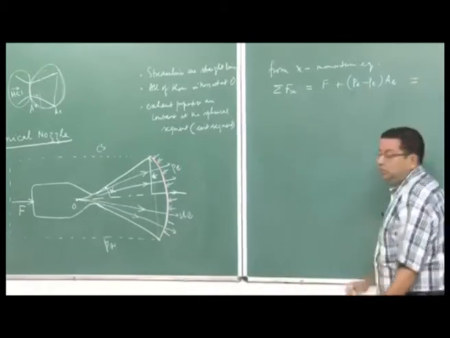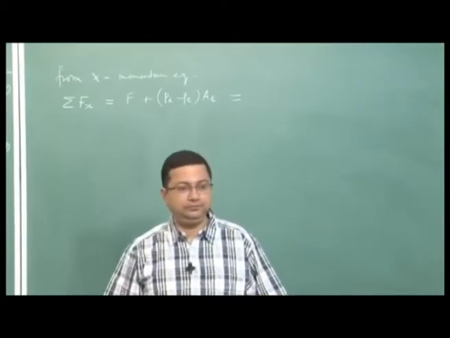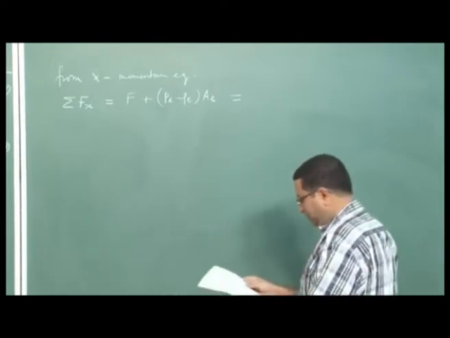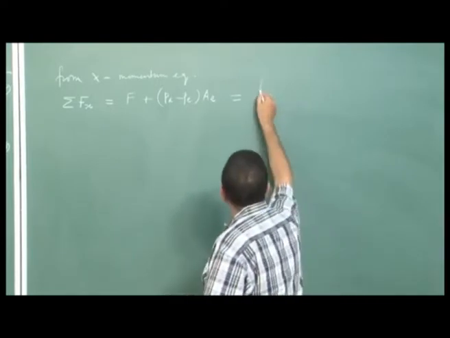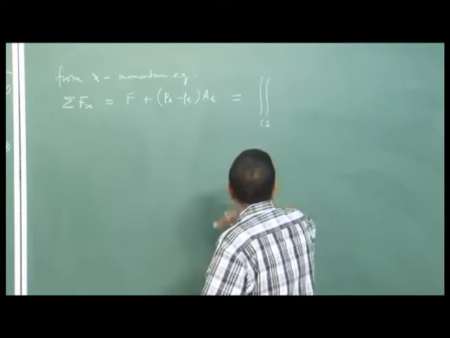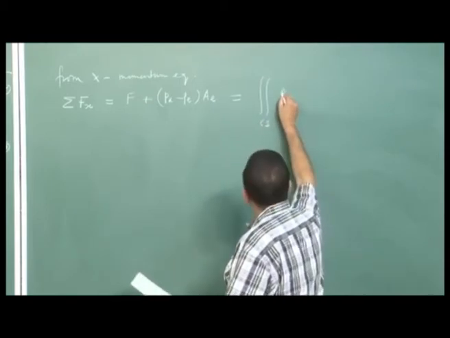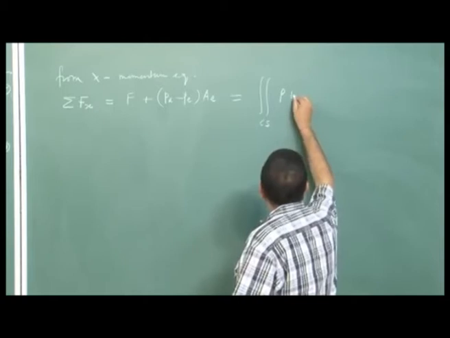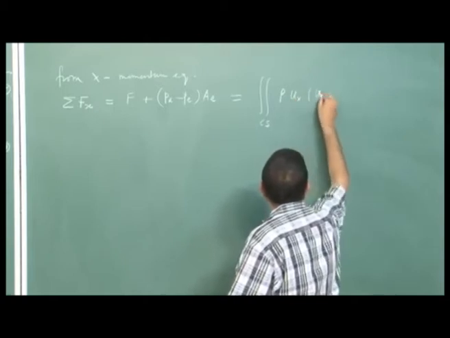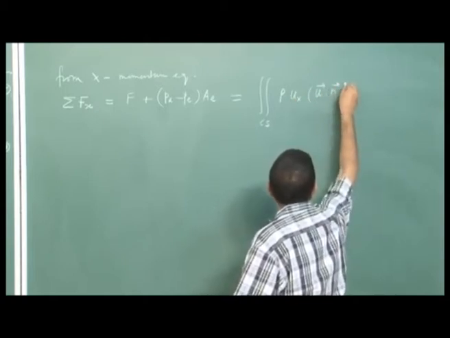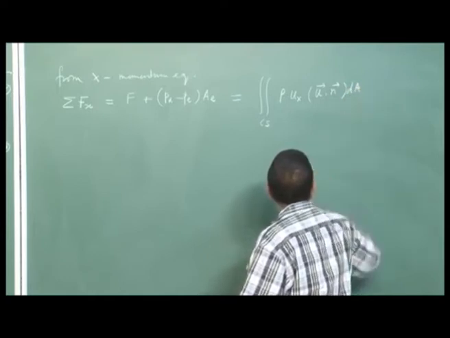This is equal to the rate of change of momentum. So, how do we get the rate of change of momentum here? The integral over the control surface of rho u x, u dot n dA.